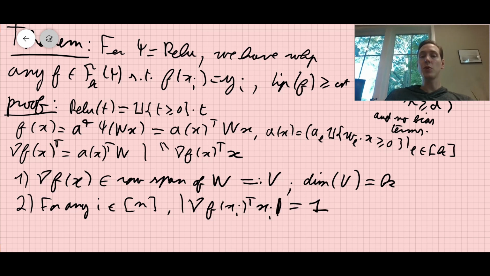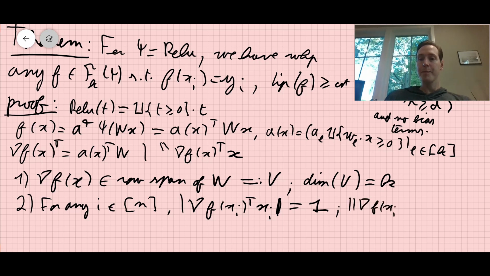The absolute value of this thing is 1 because it's equal to yi since it memorizes, and the absolute value of yi is 1. For any i, grad f of xi is correlated with xi, and the norm of grad f of xi is smaller than the Lipschitz constant, by definition, right?